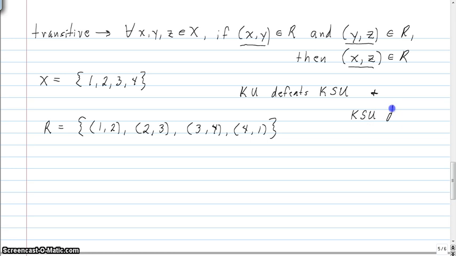K-State defeats, what's another team? Let's say Colorado. So KU defeats K-State and K-State defeats Colorado. That should imply that KU is going to defeat Colorado.